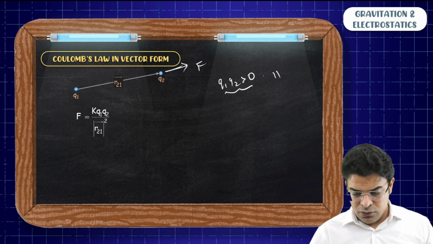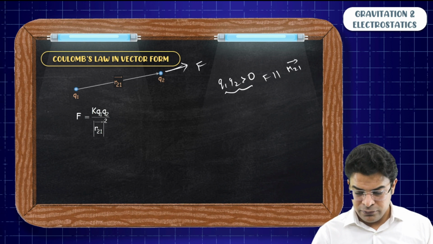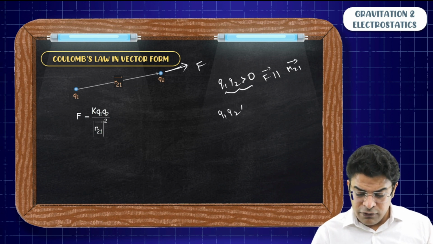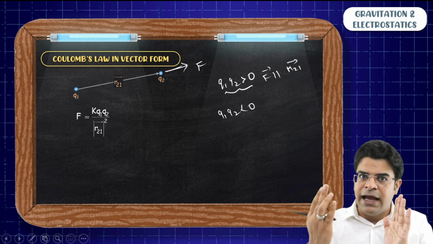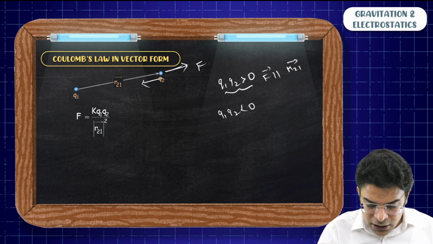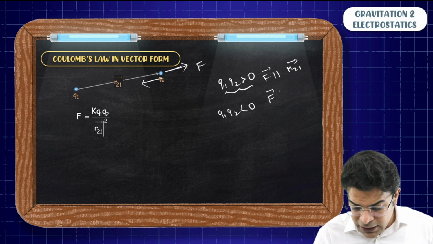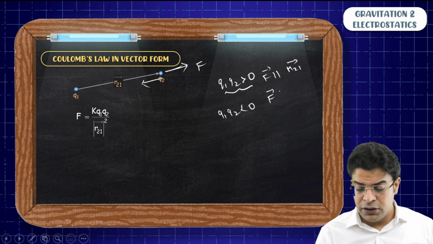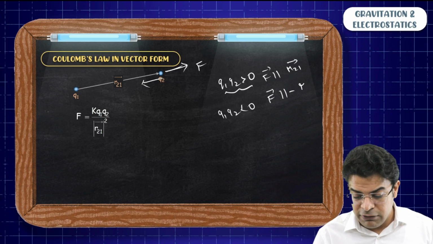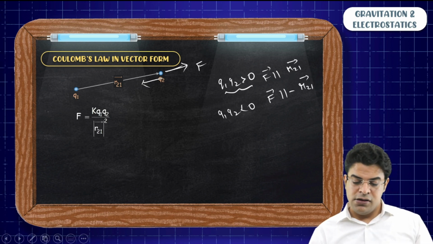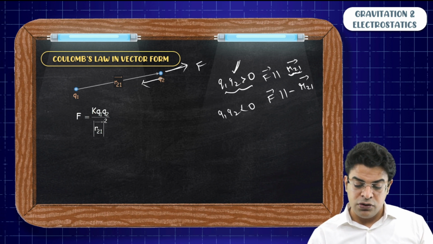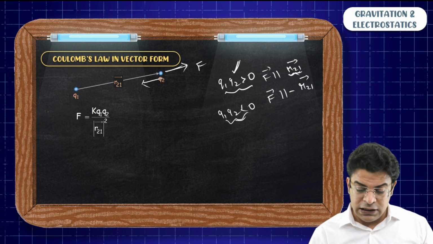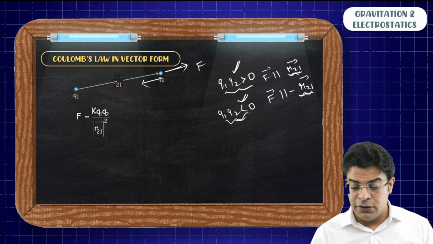And if Q1 Q2 is less than 0, then the force will be attractive. If both the charges are unlike, then the force will be attractive, and then the force will be anti-parallel to vector R21, or you can say the force will be parallel to vector minus R21, right? So for the multiplication of charge greater than 0, the force is parallel to R21. For multiplication of charge less than 0, the force is anti-parallel to R21.